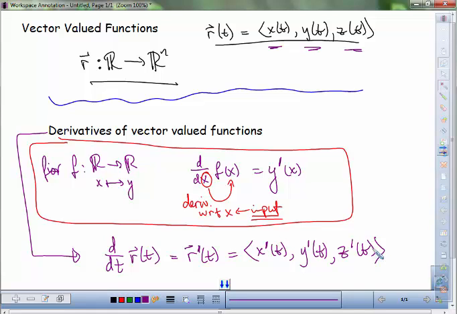I suppose we should do an example. That's what you guys are waiting for, right? So let's do an example where we're looking at probably one of the most popular curves that we're going to be studying, the helix.